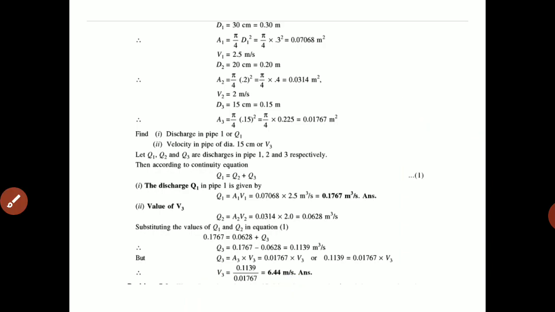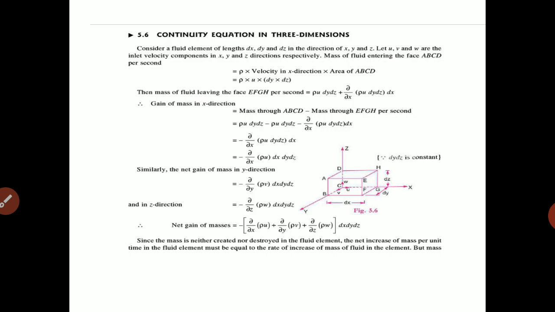So these are mathematical numericals, and basically there is nothing more, we directly apply the continuity equation and calculate velocities, discharge or area, likewise. These are the basic simple equations.